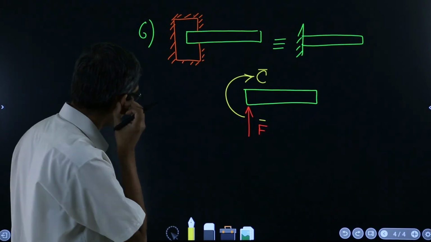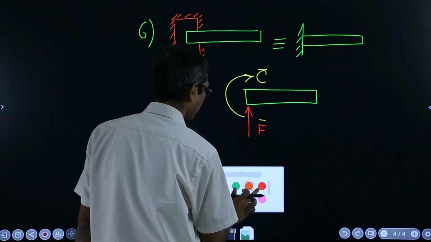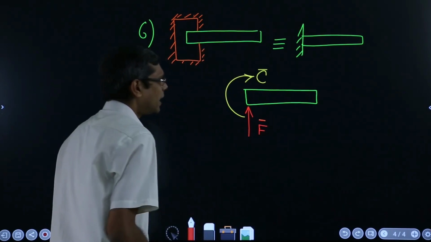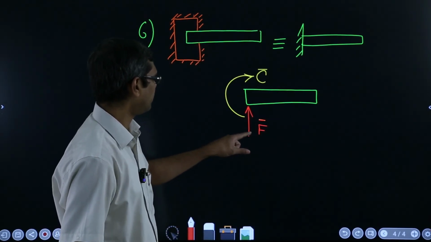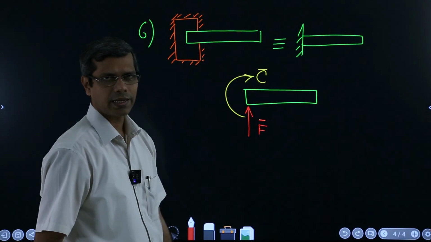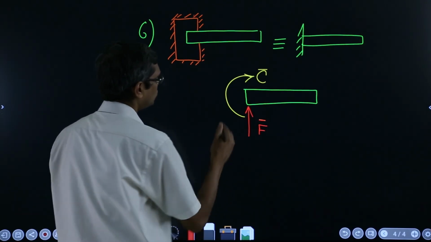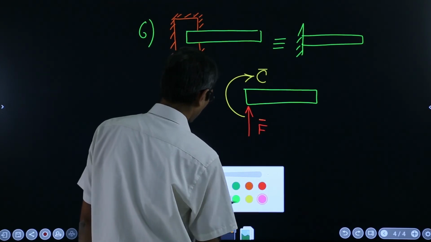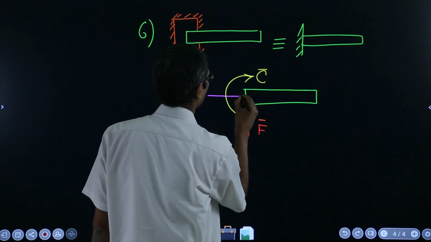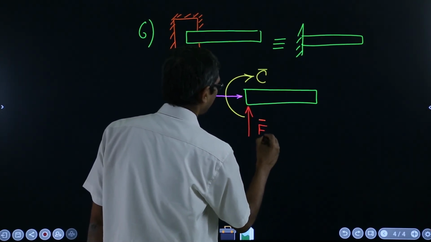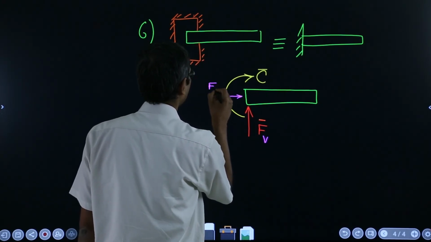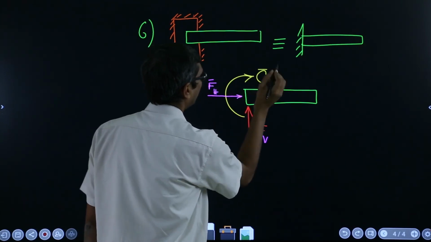One more thing: this force need not be only in the vertical direction. In fact, you should show both. So I'll call this F vertical, then F horizontal, and the couple.